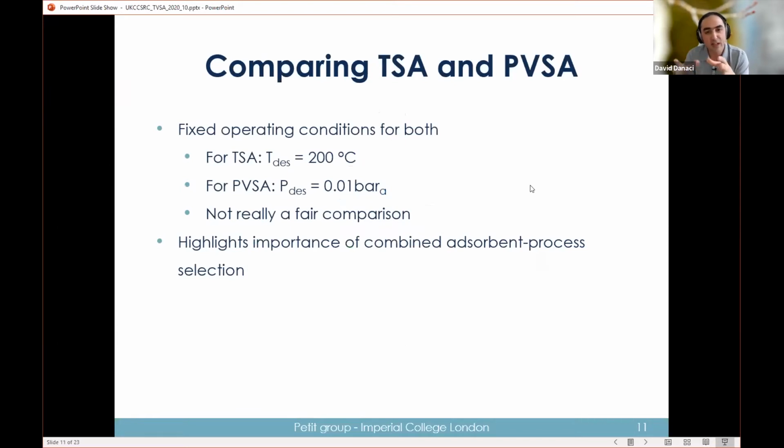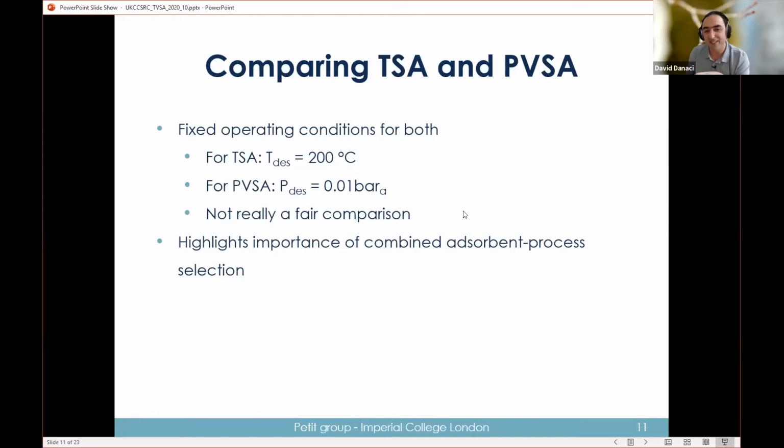So on the next slide, I've taken the natural gas case data for the TSA work that I've just shown you, and I've overlaid it with the PVSA work that we previously presented at the UKCCSRC and has been published. So the fixed operating conditions, so the 200 degrees C for TSA, and 1 kPa of vacuum for the PVSA case.